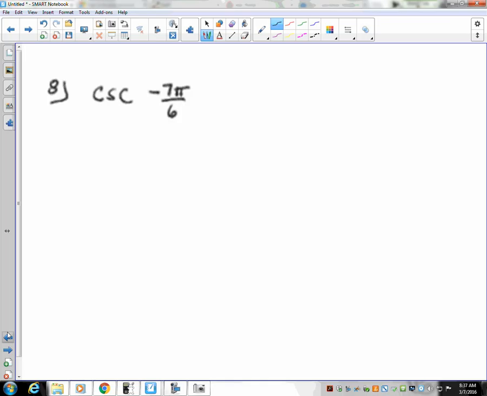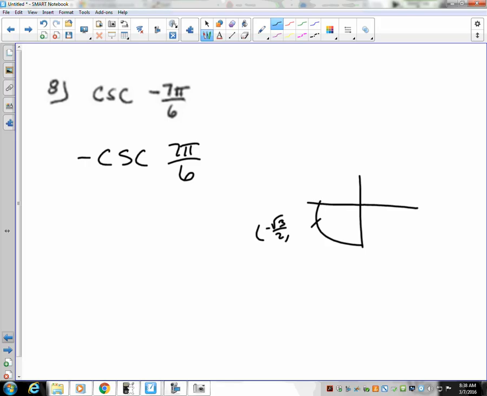Now again, let's get rid of the negative sign. Since cosecant is odd, we will pull it to the front. We have the negative cosecant of 7 pi over 6. Now, let's see where 7 pi over 6 is on my unit circle. We're down here in the third quadrant. So my ordered pairs here, I've got negative square root of 3 over 2, and then negative 1/2.